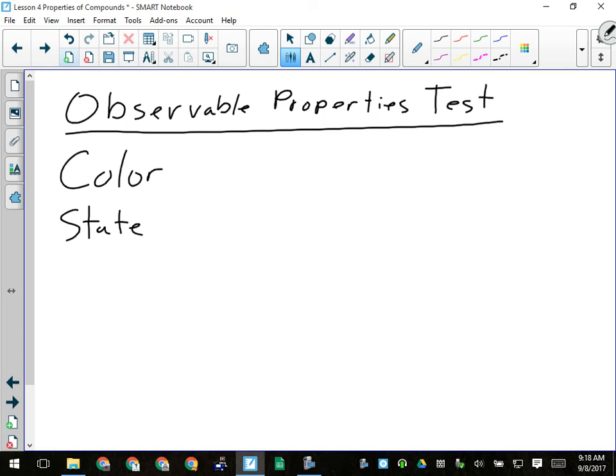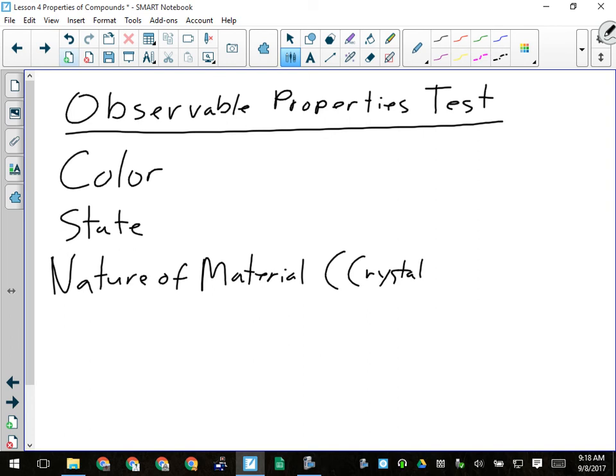Yeah. We want to look at the nature of the solid or nature of the material. Is it crystalline or is it soft?